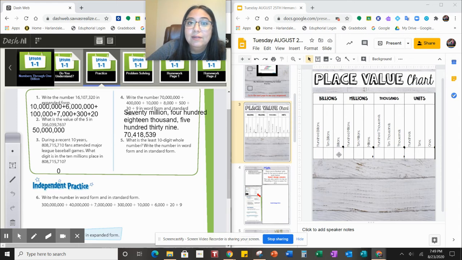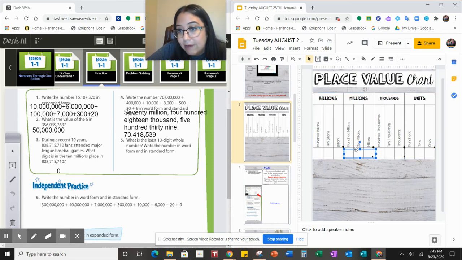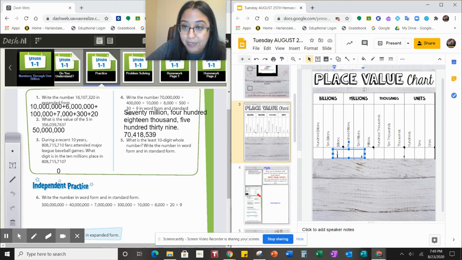So what's the least amount that we can have, but we have to have at least 1 billion, because it can't be a 0 here or else that number wouldn't have anything after it. So we need to have a number here, and it can't be 0 because then that number would just be in the 100 millions place. So we need this one to at least be a 1, and that's the smallest number besides 0.